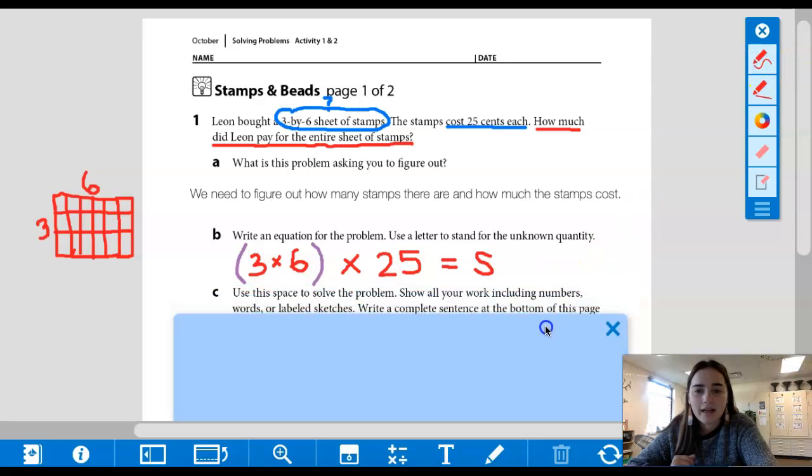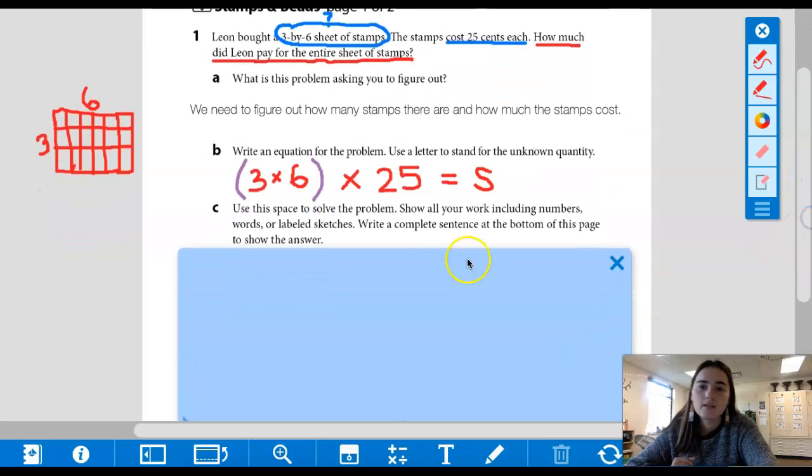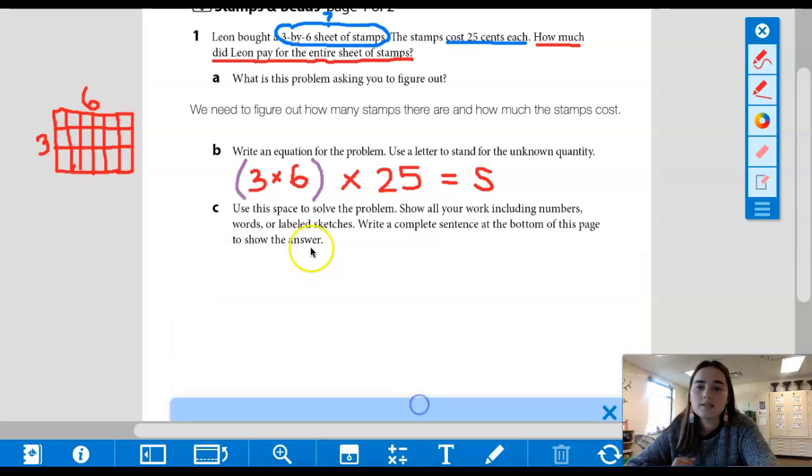Now let's look at C. Use this space to solve the problem. Show all your work, including numbers, words, or labeled sketches. Write a complete sentence at the bottom of this page to show the answer. So we know that the first thing we need to solve is 3 times 6. You can use an array, your multiplication facts, or skip counting. I know that 3 times 6 equals 18.